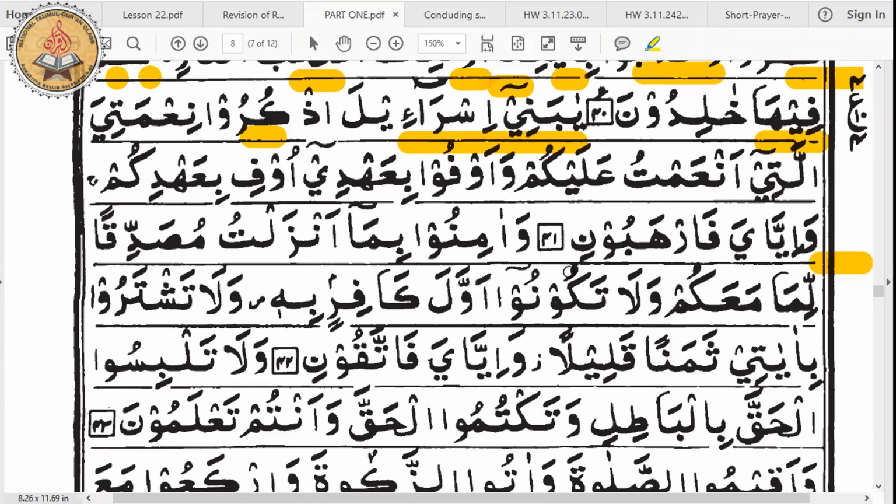Farhabun. Farhabun. Mashallah, you know all the rules, just you need a bit more practice, but you tried really well and read quite well. Jazakallah A1137.